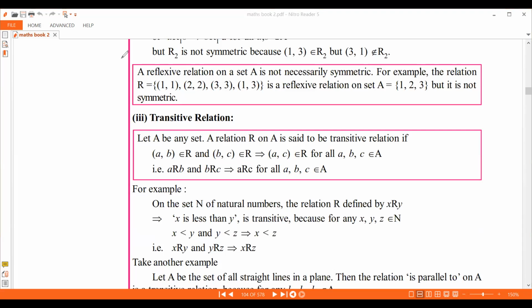What does that mean? I will write, (1,3) belongs to a relation. Another thing, (3,2) belongs to the same relation. Now, what does transitive mean? This 3, whatever is there, is the transition number.